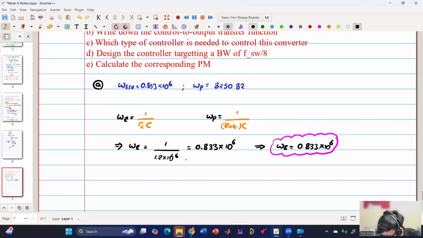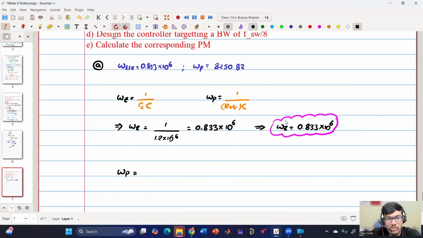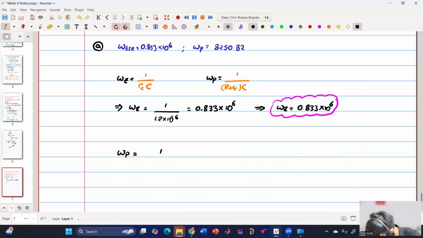Similarly, if you calculate omega p is 1 by R plus RC. R is how much? 0.1 and RC is 1 milli. So we'll get 1 by 0.101 into 1.2 into 10 to the power minus 3.